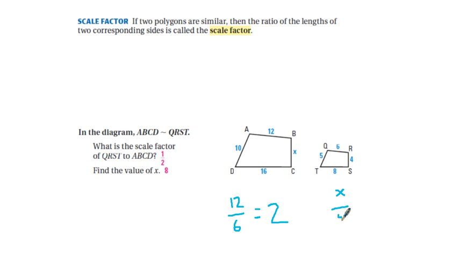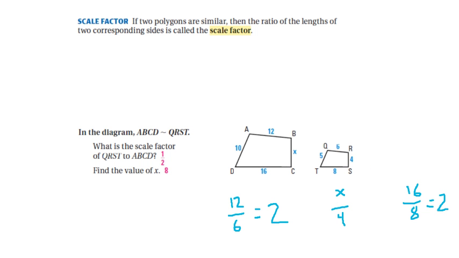BC over RS is x over 4. CD over ST, CD is 16, ST is 8, which is also a ratio of 2. So your scale factor is 2. You have to have a 2-to-1 correspondence here. This first polygon ABCD is twice as big as QRST.